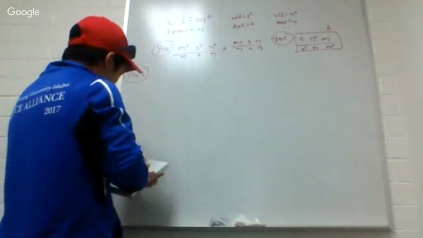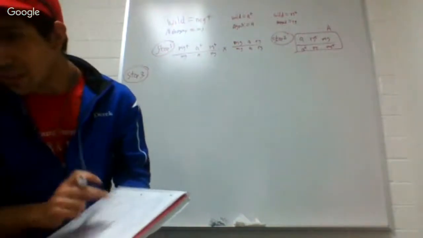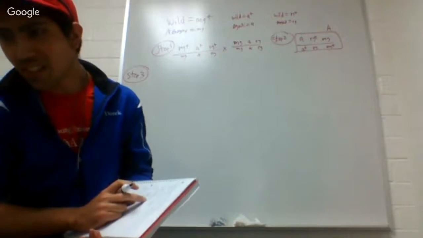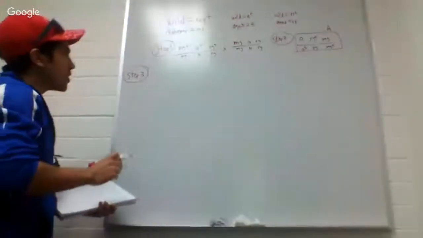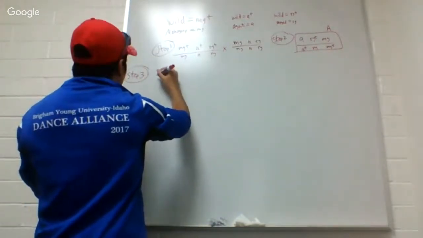Step three. This is where we do letter B, determine the gene order of these three linked alleles. So we have three possibilities that could happen.